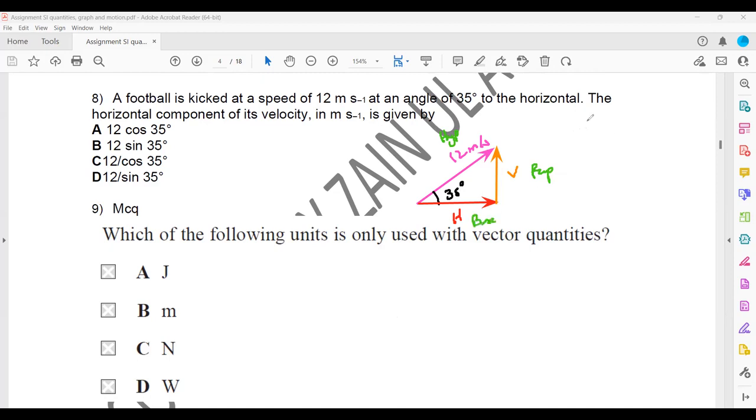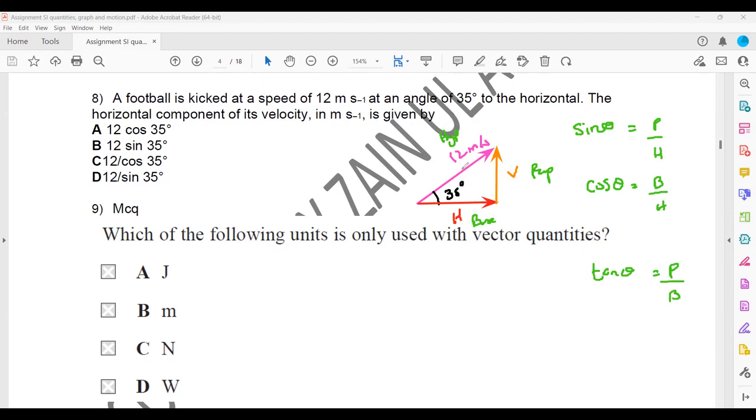So if I use trigonometric ratios, sine theta is perpendicular divided by hypotenuse. Cosine theta is base divided by hypotenuse. And tangent theta is perpendicular divided by base.